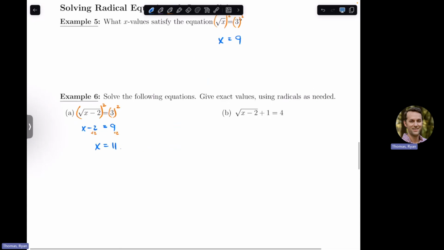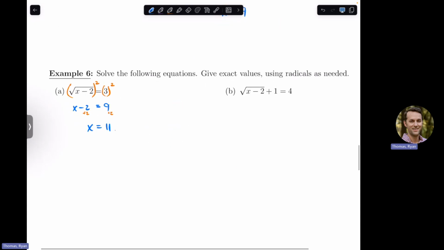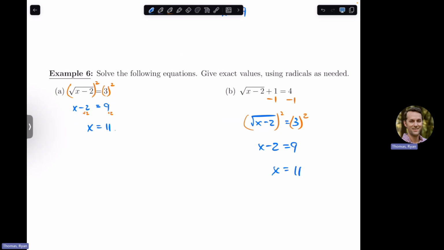What would that mean for b then? First thing I should do is move 1 to the other side so that I can square, and then, of course, it's turned into the same problem, but so that I can get rid of the square root and then continue on and solve.